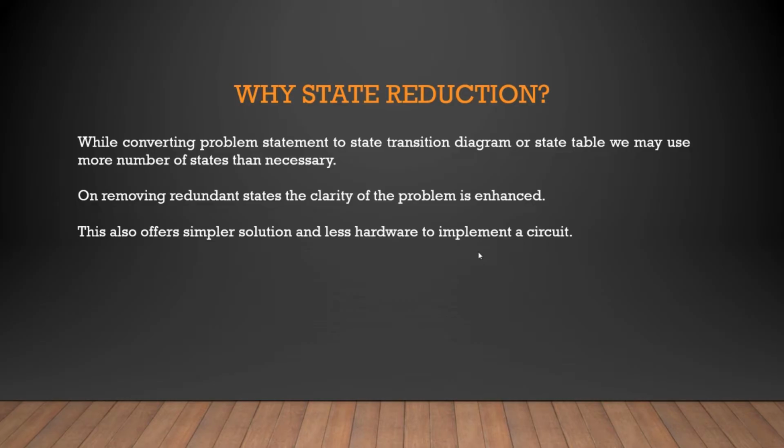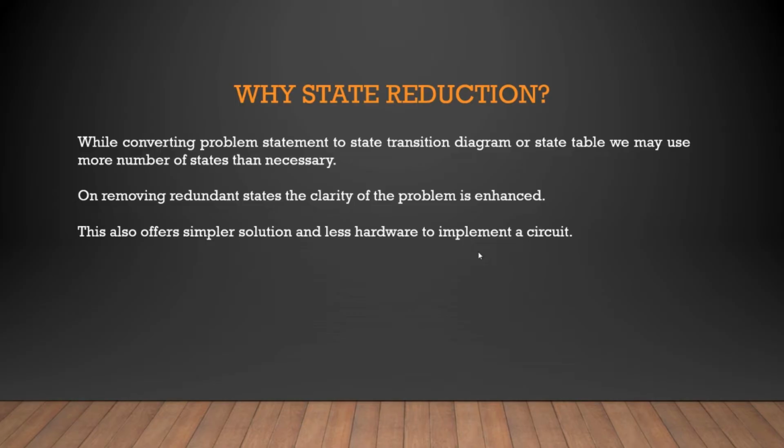So we can do away with such redundancies, and that in turn will help in removing the clutter in our state table. Therefore, there's going to be more clarity in our problem. The state table is going to look smaller, so our state diagram would also reduce in size, which means that we are going to require less hardware to represent it.